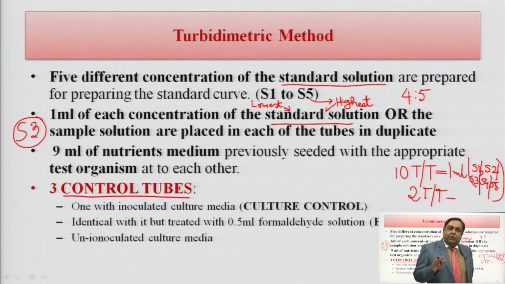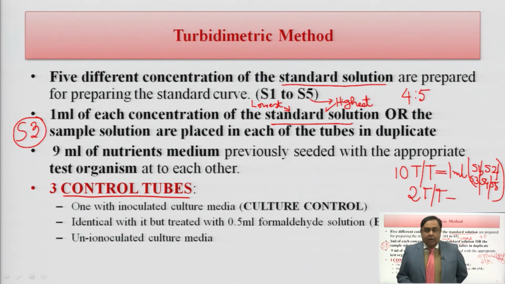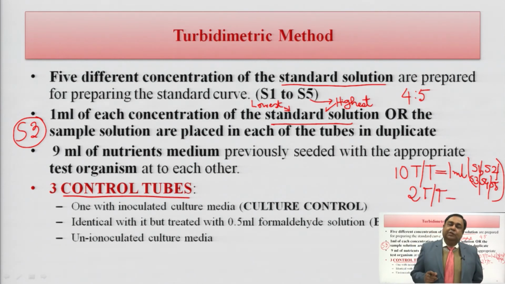Now, after you sterilize this nutrient medium, I have shown you one slide earlier, there was a list of microorganisms against various antibiotics. Depending on the antibiotic which you are testing, you select a particular microorganism and you inoculate that organism into the nutrient media which you have sterilized.